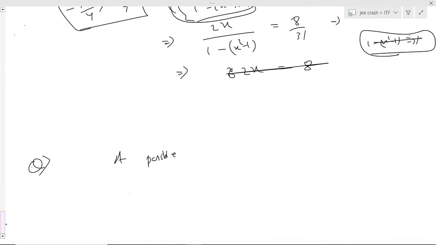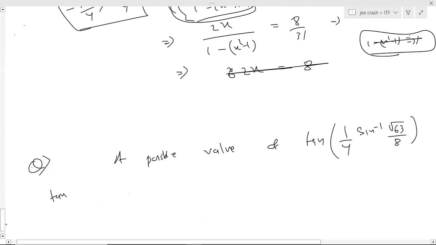So next one, a possible value of tan of (1 upon 4 sine inverse root 63 by 8). All right. I'll be giving you a hint. Here, use that half angle formula. I'll be writing all the formulas. Tan theta by 2, I already told you.